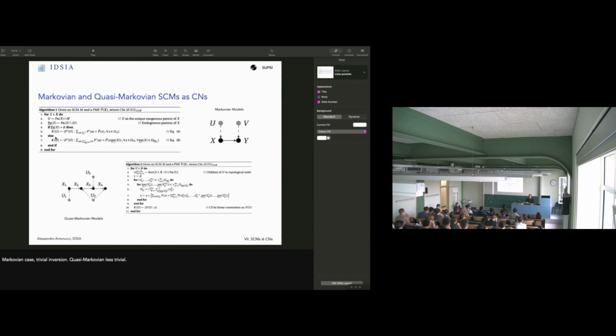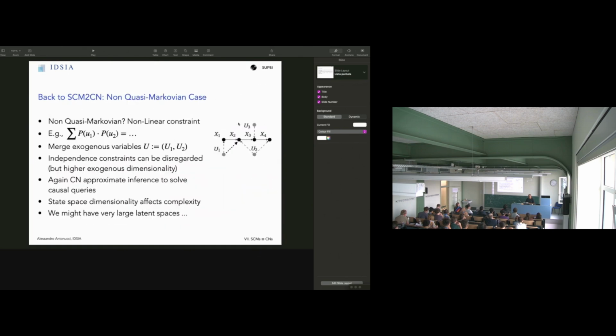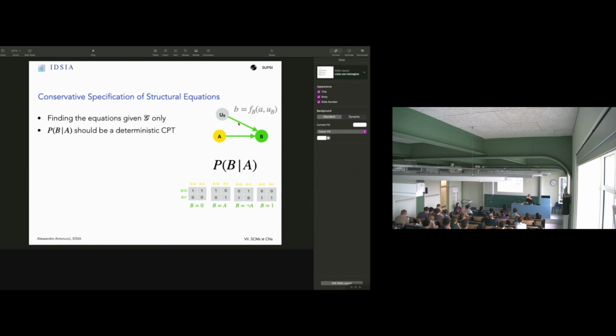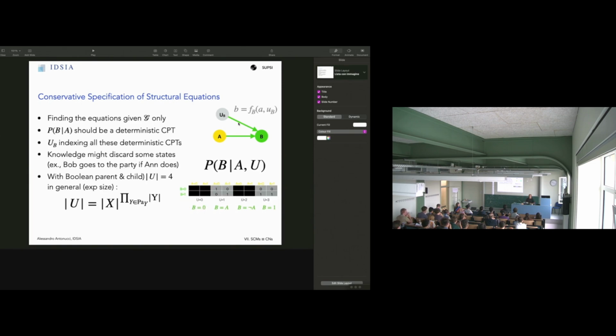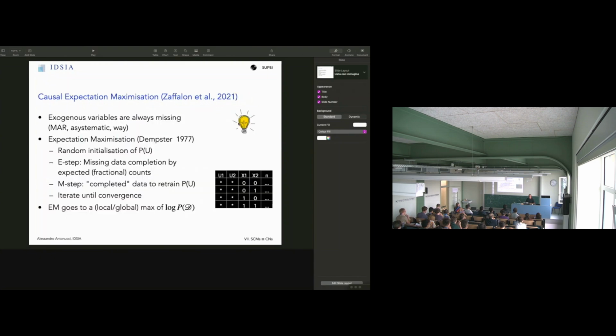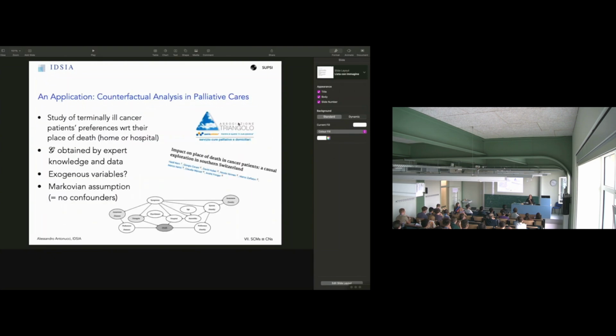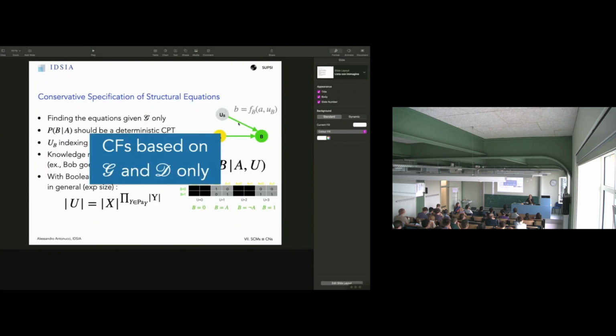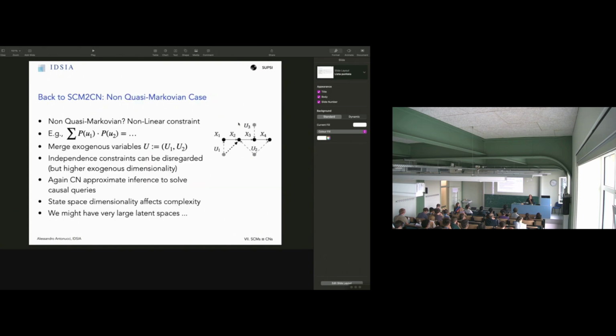But let's say this derivation, we got this derivation from the Markovian case. And the Markovian case means that there are no confounders. With confounders, basically, you can do that. It is what we discussed. We are merging together two nodes. It's really just that you have a higher dimensionality because you are merging together two or more variables.